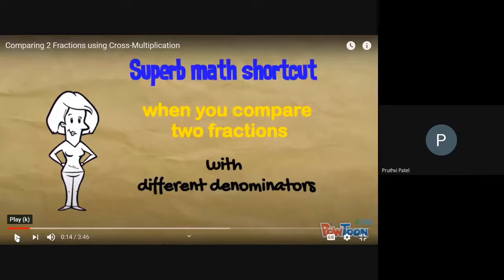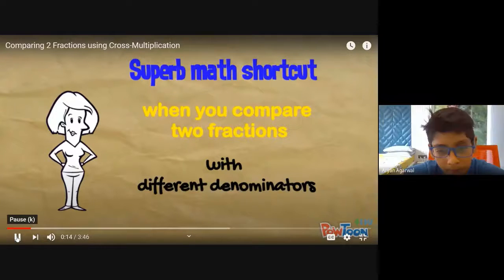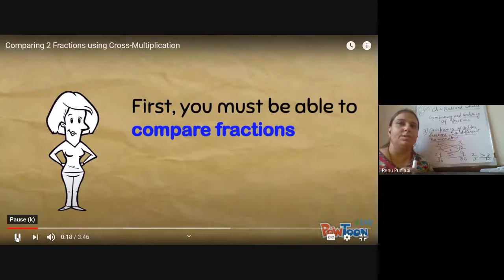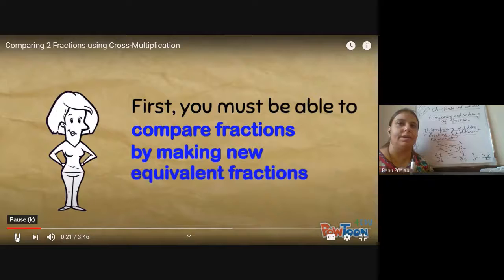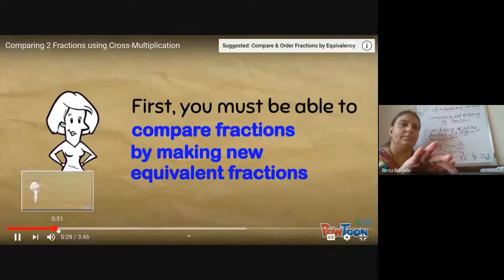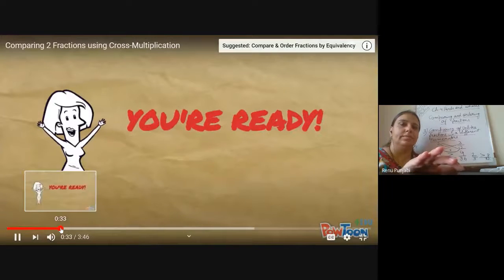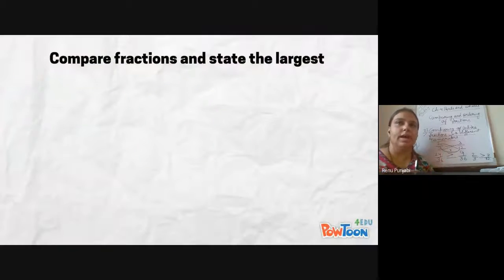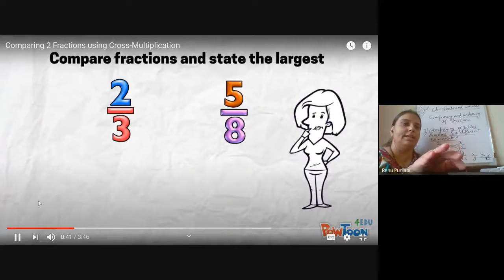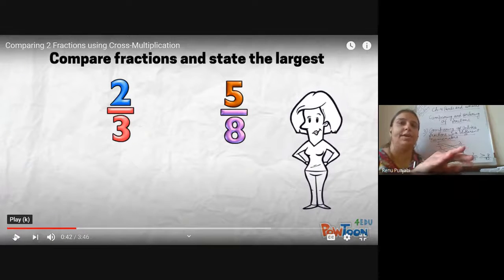Now see, first you must be able to compare the fractions by making new equivalent fractions. Now one is 2 upon 3 and the next fraction is 5 upon 8.